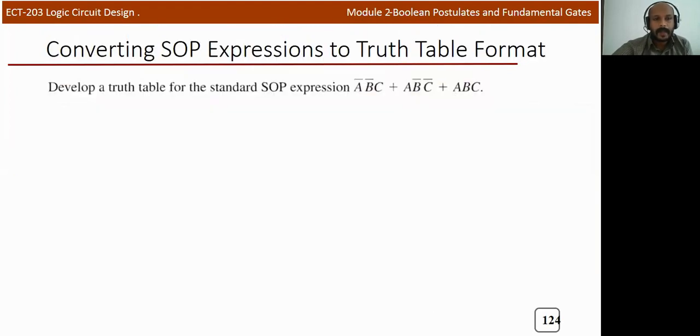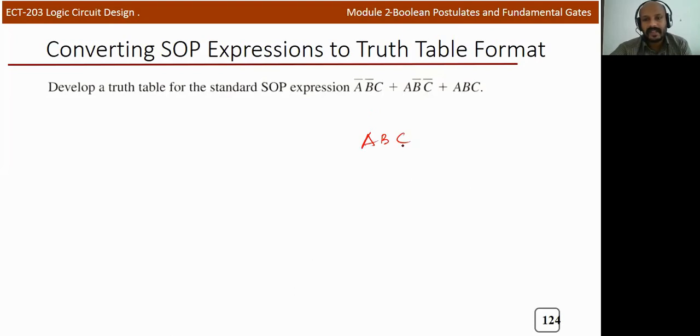Now we need to develop a truth table from an SOP expression. So how we can write a truth table using SOP. Here you can see that an SOP expression is given. First we need to identify the domain of the variables.